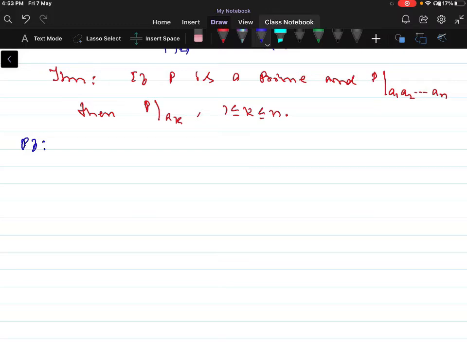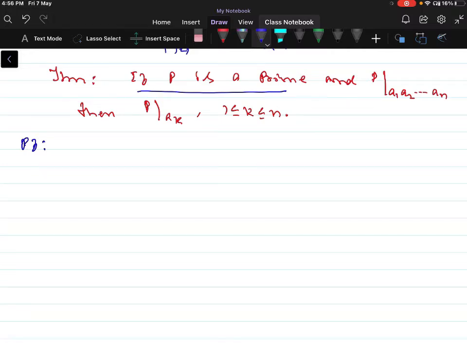Now we will move to the theorem. If p is a prime and p divides the number a1 into a2 and so on an, so therefore a1 into a2 and so on an is a multiple of p. Then you have to prove that p divides ak, where ak is any one of the numbers a1, a2 and so on an.